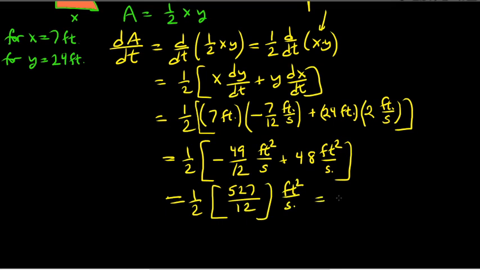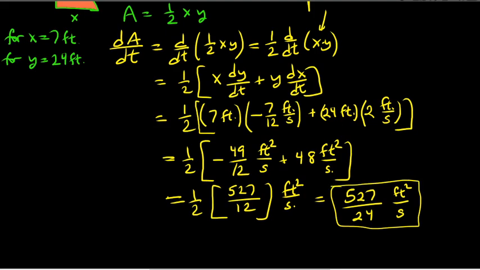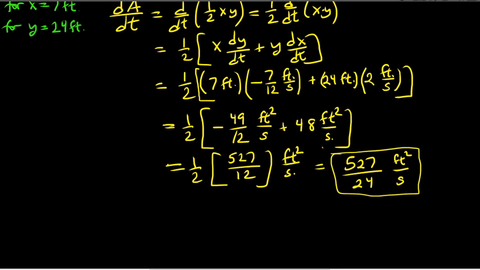And then when you divide that by 2, you get 527 over 24 square feet per second. And what is 527 divided by 24? Well, hang on. Can we simplify this? Can we divide by 3? No. Okay, then I don't think it can be simplified.